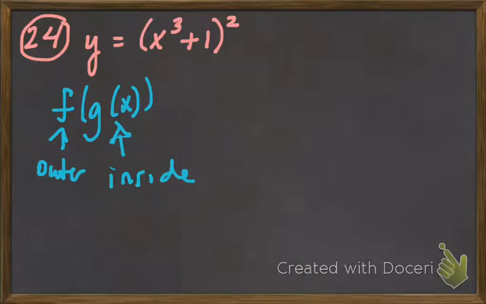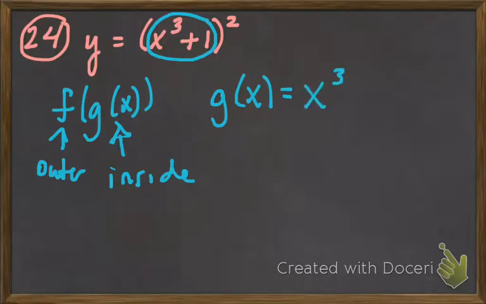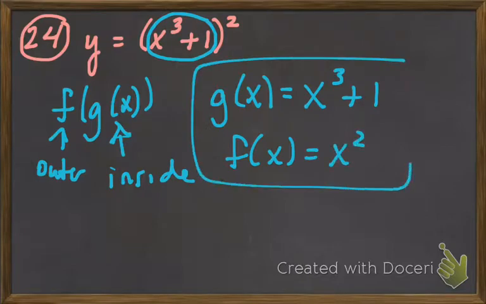Well, the easy thing to see here is that what's inside is x cubed plus 1, or at least that's easy to me. So you're looking for what's inside something, and parentheses will sometimes be there but not always. So our g of x is x cubed plus 1, and our f of x is the outside function, the squaring function, so that's just x squared, and that's all you have to do for these.